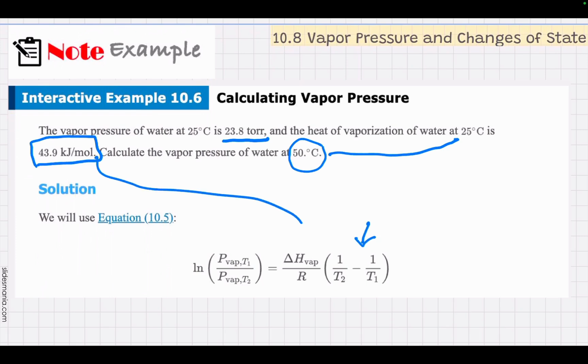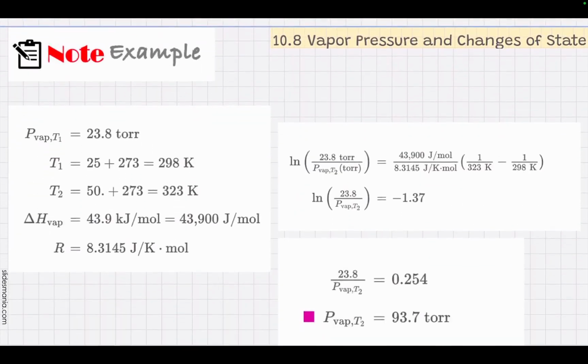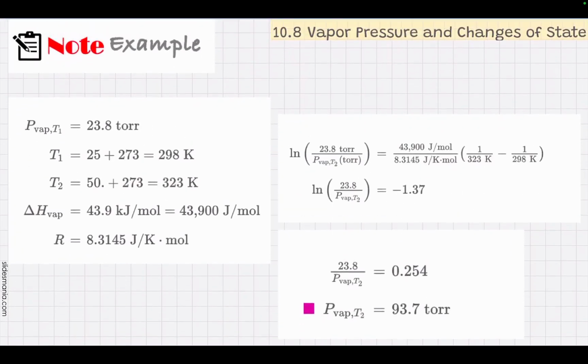We have the delta H, we know R, and we do know one of the two pressures here. So which pressure you set equal to pressure 1 doesn't matter as long as you then correspond that with temperature 1.